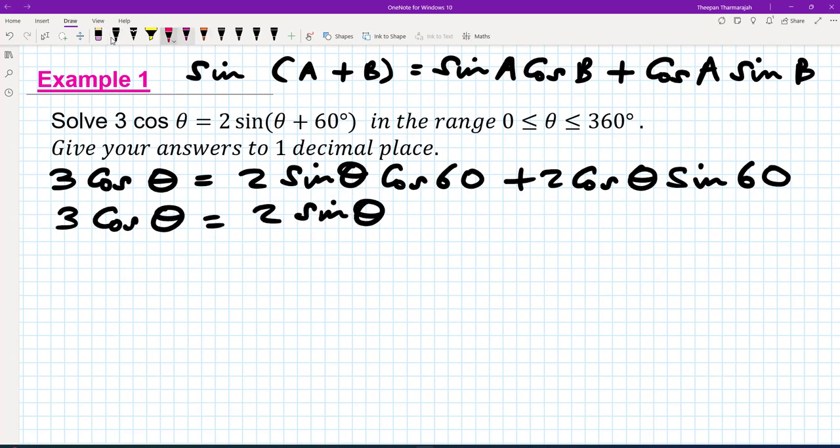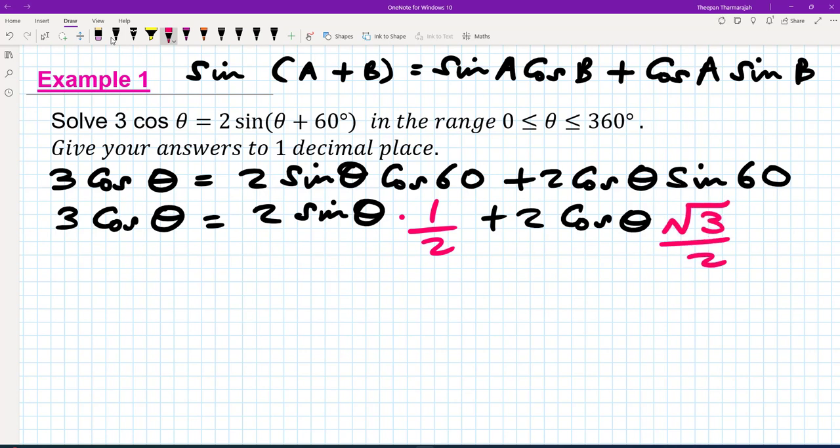Now cos 60 is a half, so we're going to write that in. Plus 2 cos theta, sine 60 is root 3 over 2. And then what we get is 3 cos theta equals sine theta plus root 3 cos theta.